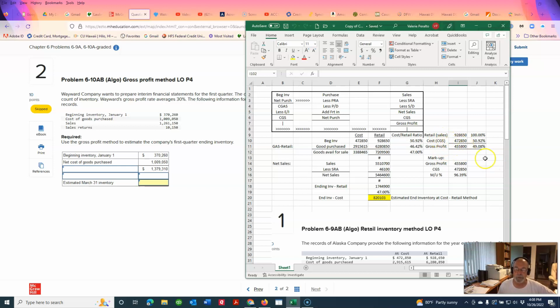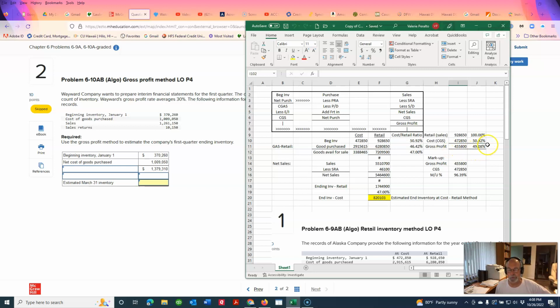The gross profit percentage can be looked at in its simplest form. If we take sales as 100%, and cost of sales as a percentage of sales, then the difference between sales at retail and sales at cost is our gross profit.